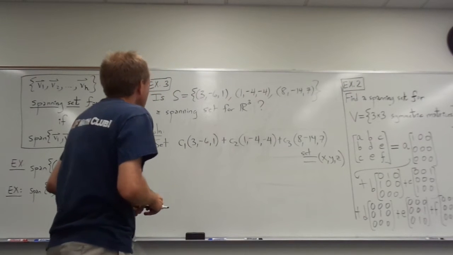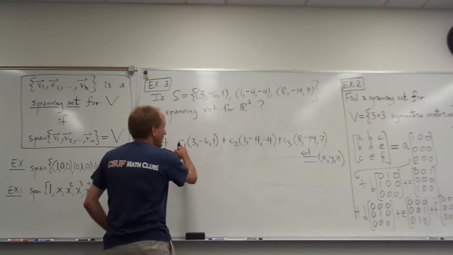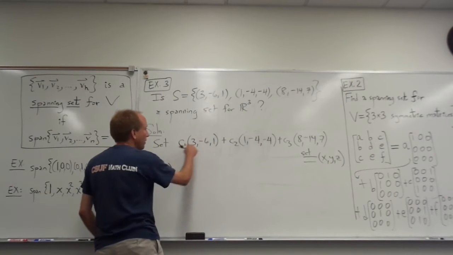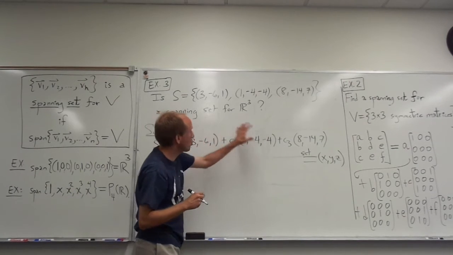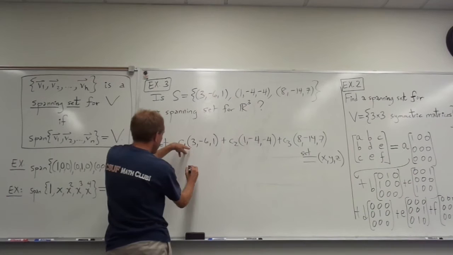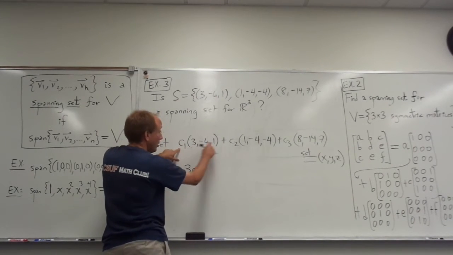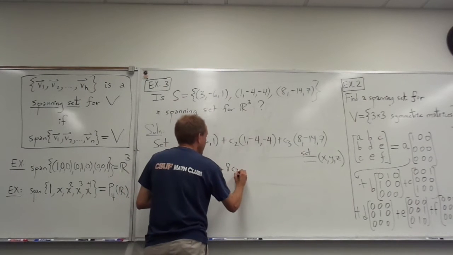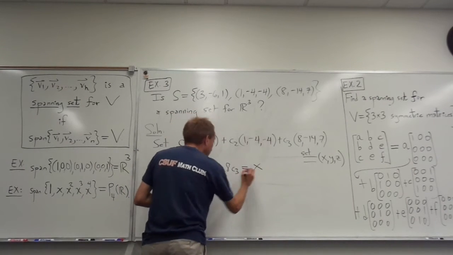Okay? If you do that, you quickly realize that there are 3 equations here. If we look at the left slot of every single triple, we have 3C1 plus C2 plus 8C3 equals x.